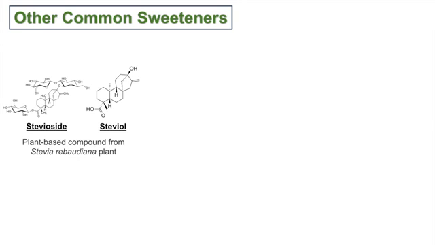I'm probably mispronouncing this quite badly, but this compound is 300 times sweeter than sucrose. And what is special about this compound is that it is not absorbed at all. So if it's not absorbed, we actually don't get any metabolism of it, and we don't get any calories from this compound.